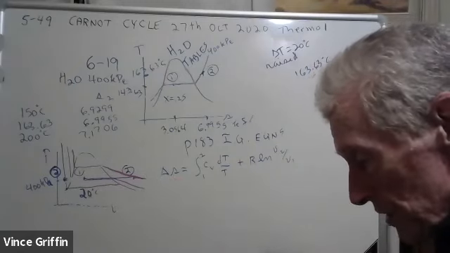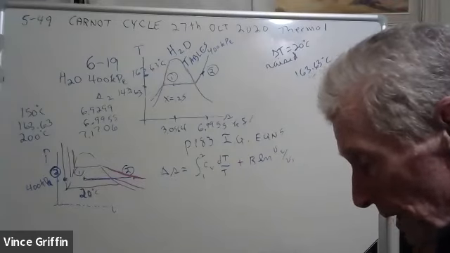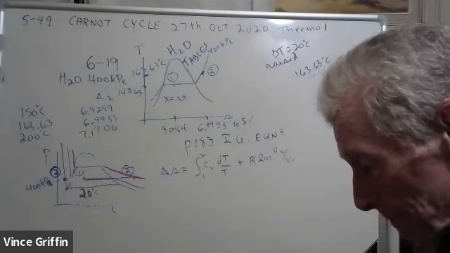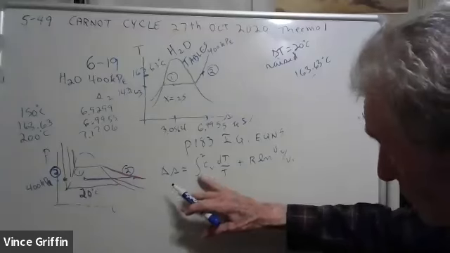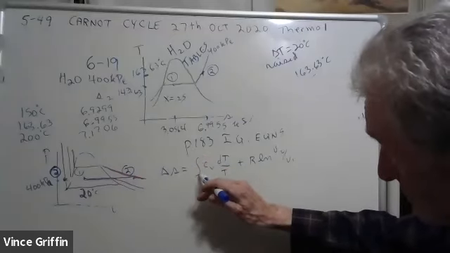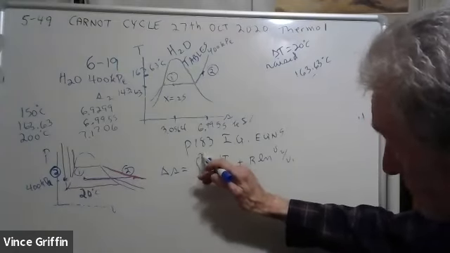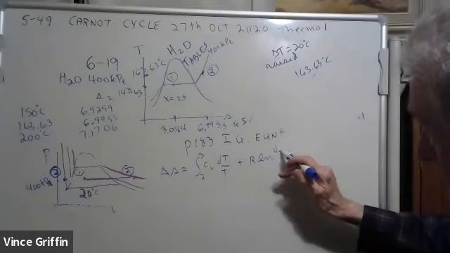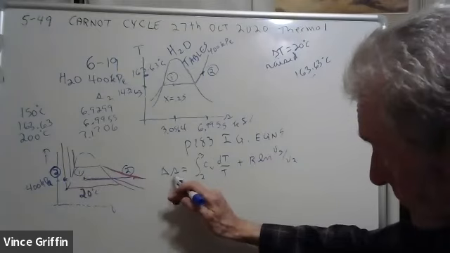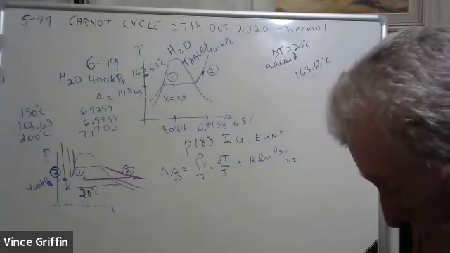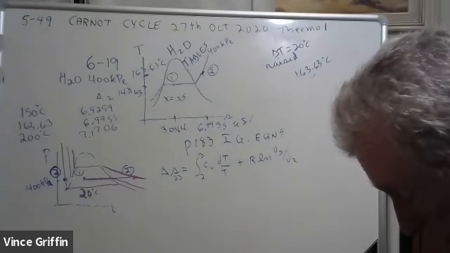We didn't know that the change in entropy was 0 going from, well, that was the adiabat. Actually, it wasn't from 1 to 2 on our cycle, it was from 2 to 3. This is the change in specific entropy going from 2 to 3. You'll see that equation on page 183. I'm going to talk about it next time.